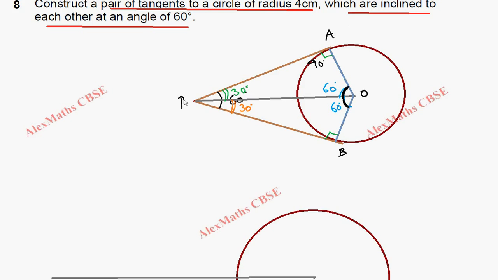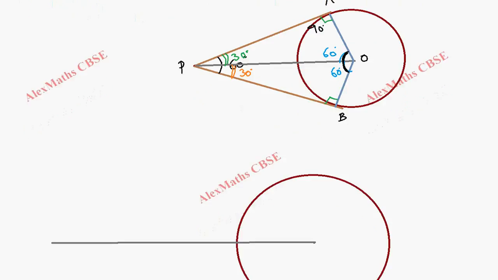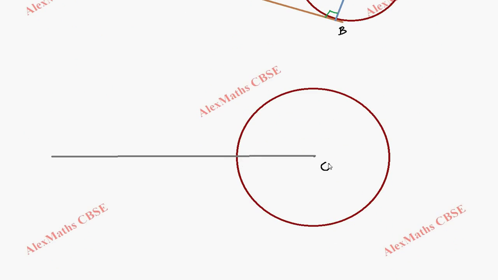And this point be the external point P. So now this is O, and we have to draw two lines OA and OB such that the angle AOB is 120. So taking the compass, keeping it here, taking the same dimension, that is 4 centimeter, and again shifting the compass and keeping it here.